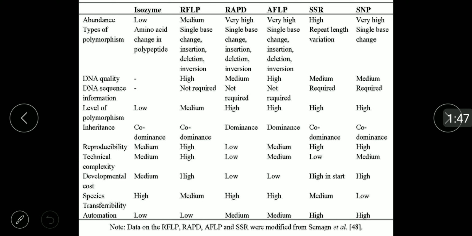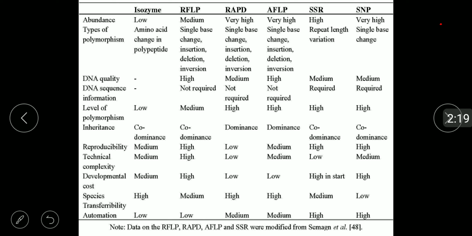And in SSR, polymorphism is an alteration from one genotype to another due to repeat length variation. Some repeats may be repeated 2 times, 3 times, or 4 times, like AT repeated 3 times, 4 times, or ATG repeated 4 times, 5 times.